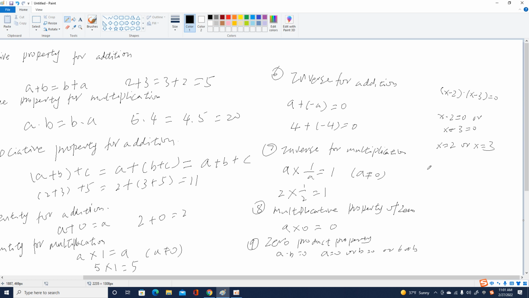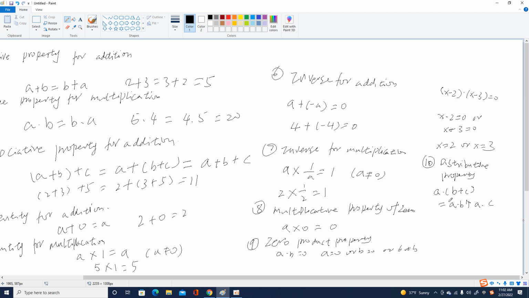The final one is the distributive property. Okay. This one, such as a multiply parenthesis b plus c equals a multiply b plus a multiply c.